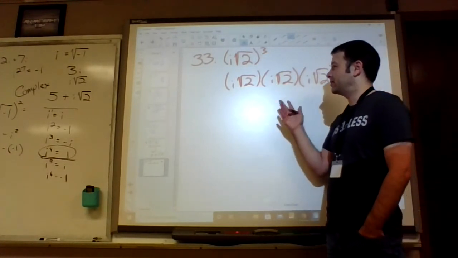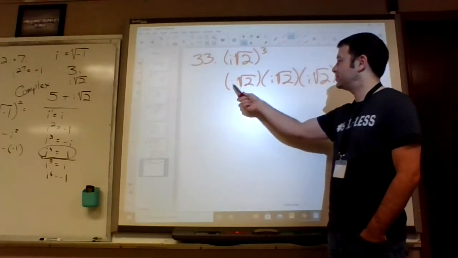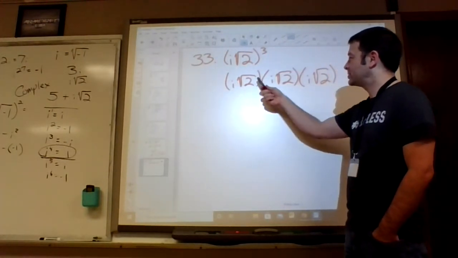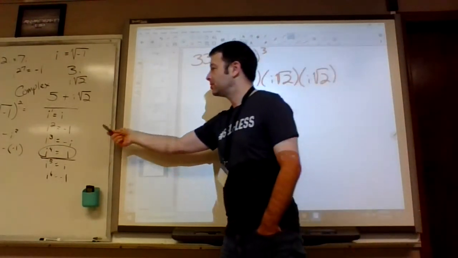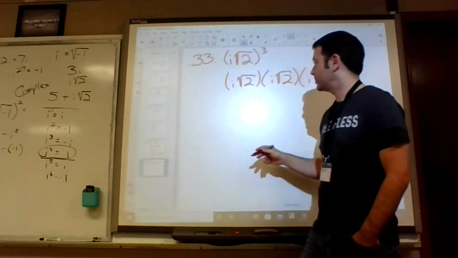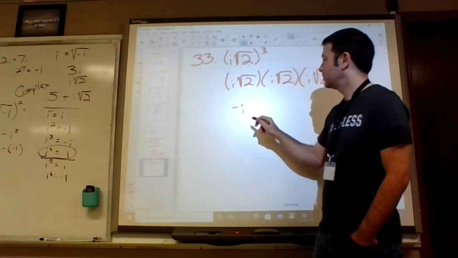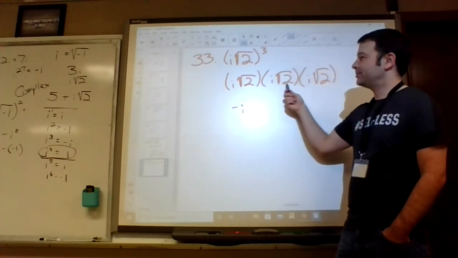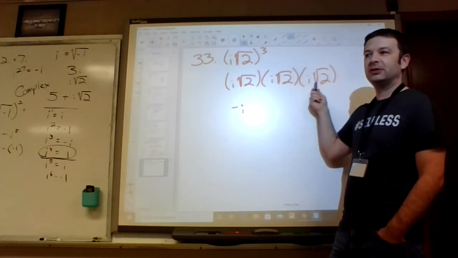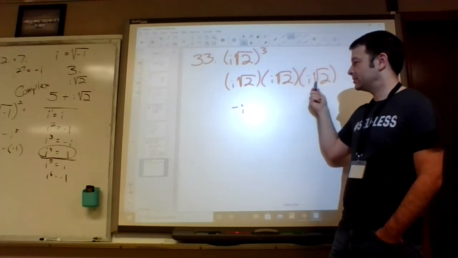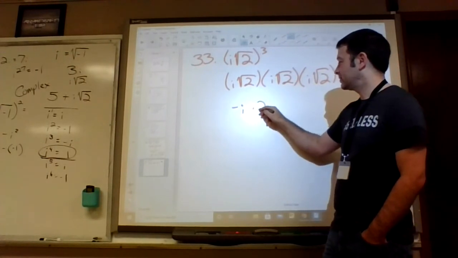So, yeah, what should I do? Let's do the i's first, I guess. So what's i times i times i? Negative i. Okay, i cubed, right, which is negative i. And what's square root of 2 times square root of 2? 2. So 2 times square root of 2.